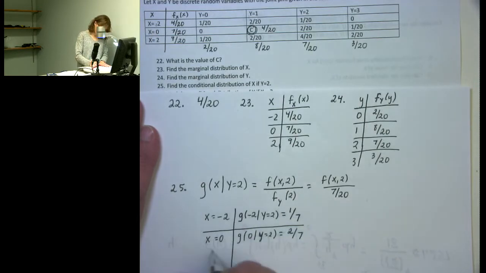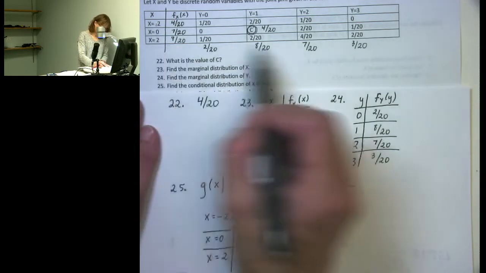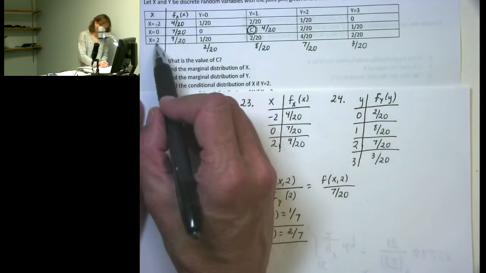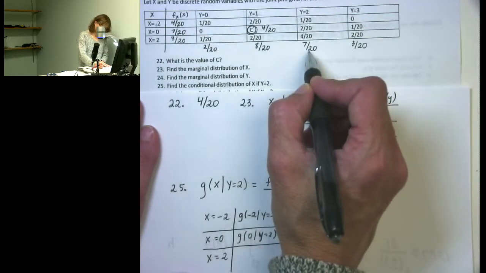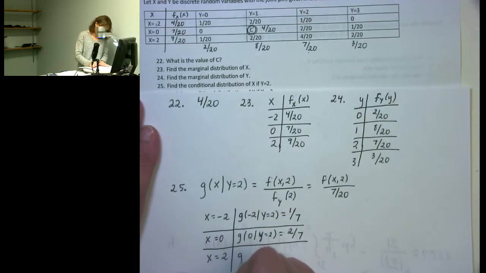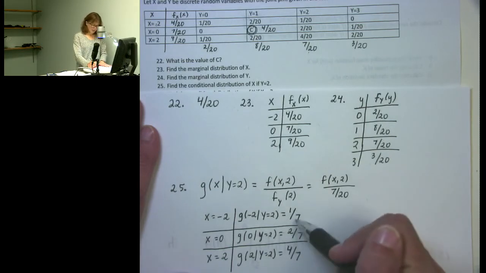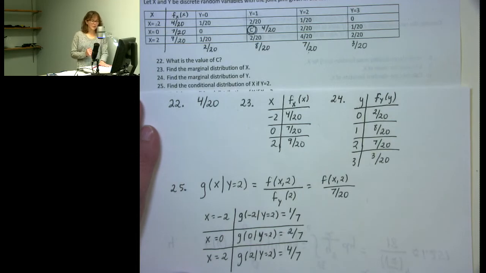It's 2/7. And for x equals 2, I have 4/20 as the probability that x is equal to 2 and y is equal to 2. So it's 4/20 out of 7/20. So my g of 2, given that y is equal to 2, is 4/7. And because this is still a probability distribution, I need to make sure that these sum to 1, and they do.